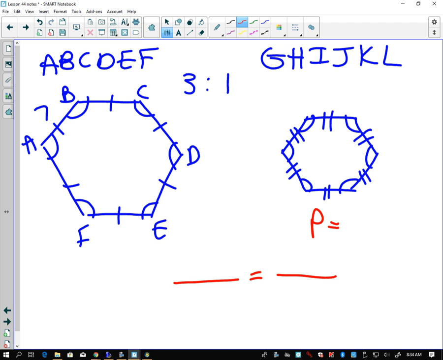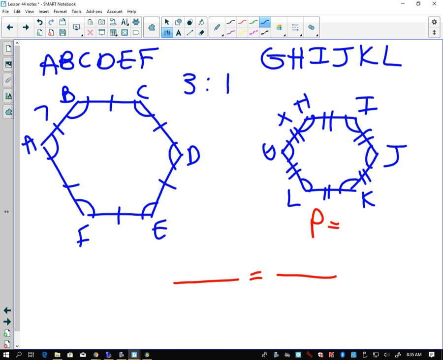What that's going to give you is that you would end up solving for GH and then multiplying that by 6. Or another possibility is to find the perimeter of ABCDEF, considering that one side is 7, and then setting that ratio up so I don't actually have to plug in the side length of GH and multiply that by 6.